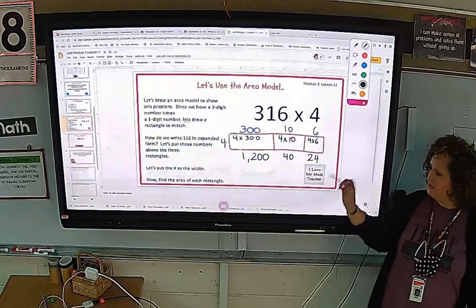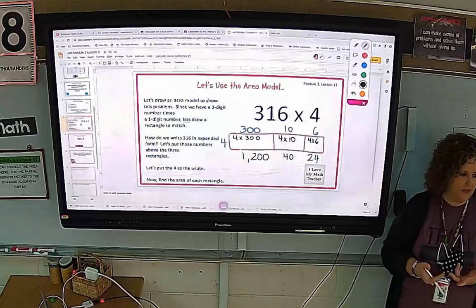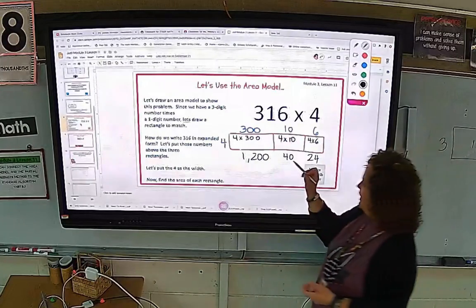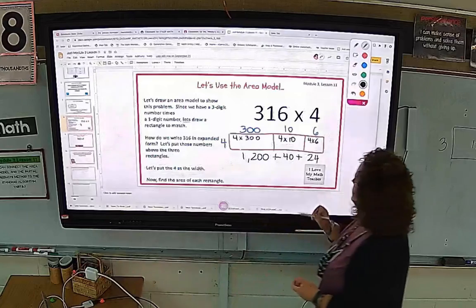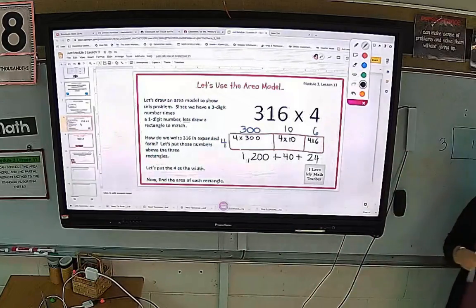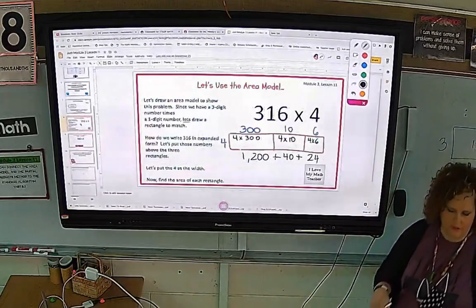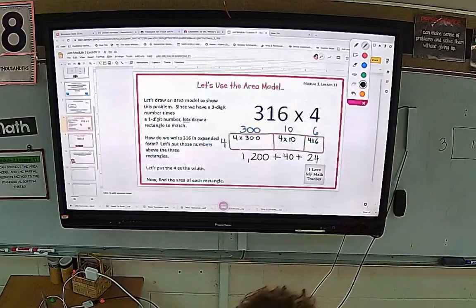And like Alexandria said a minute ago, we got to add all those pieces together to find the area of the whole thing. So I'm going to add some plus signs right here. Okay, and I know that when I add all that together, go ahead and add all that together. See what you get.